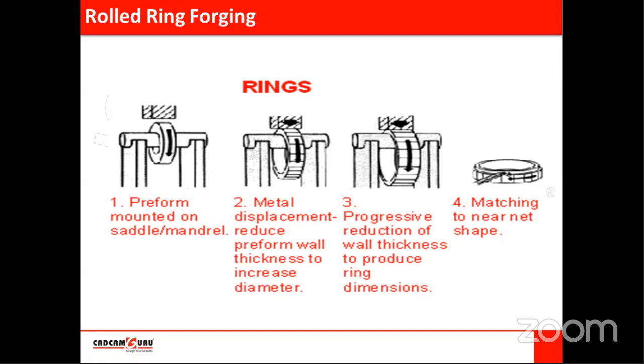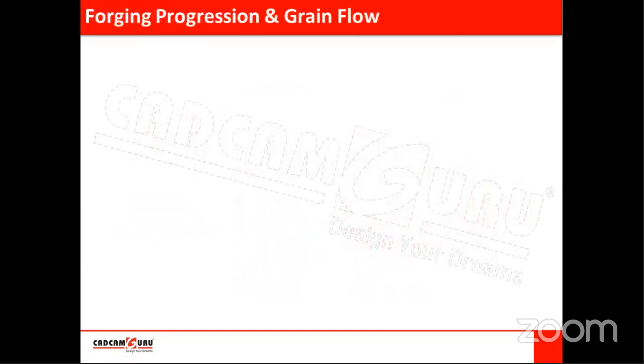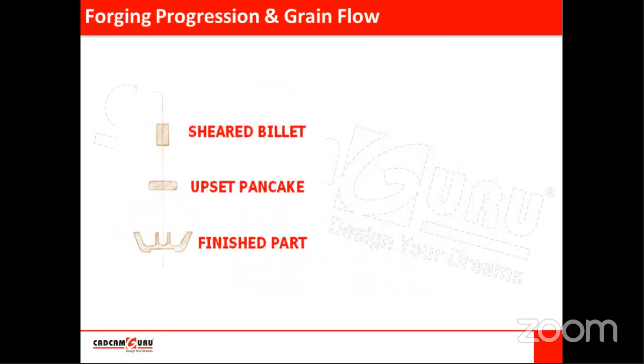They keep this workpiece continuously rotating and apply hammering force to get a thin ring. So this is roll ring forging. You can go through YouTube and see different videos of roll ring forging also.